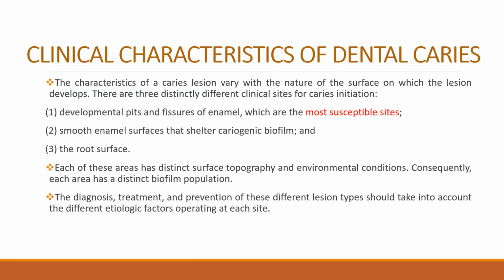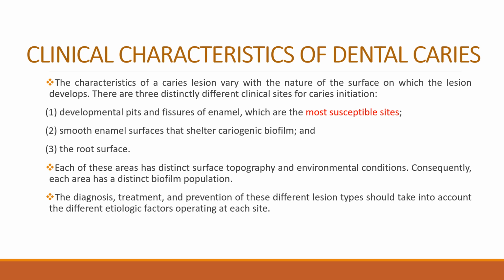Moving on to the clinical characteristics of dental caries, there are three distinctly different clinical sites for caries initiation, and the characteristic of a carious lesion will vary with the nature of the surface on which the lesion is present. The three different sites are the developmental pit and fissure of the enamel, which is the most susceptible site; second, the smooth enamel surfaces that shelter cariogenic biofilm; and third, the root surface.